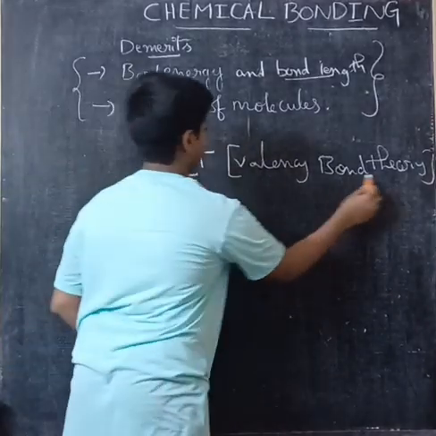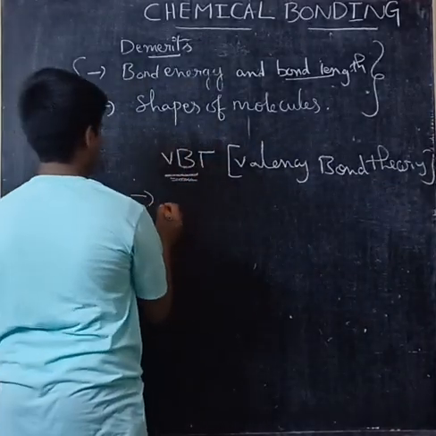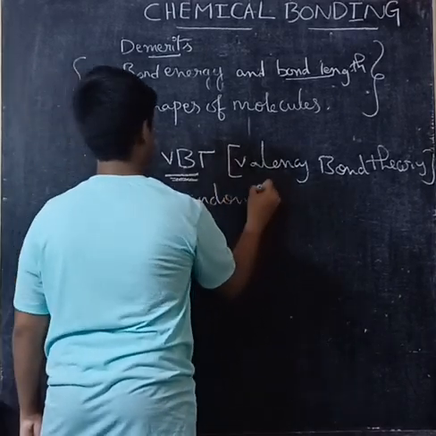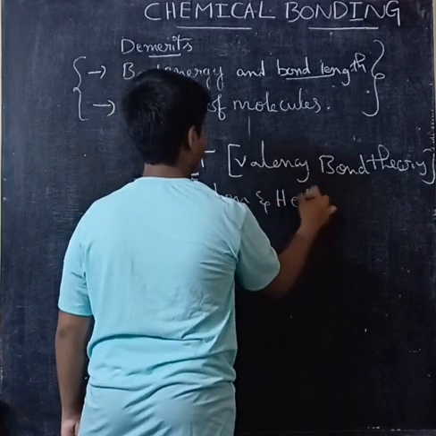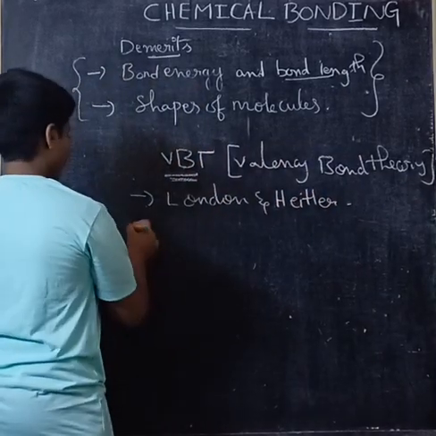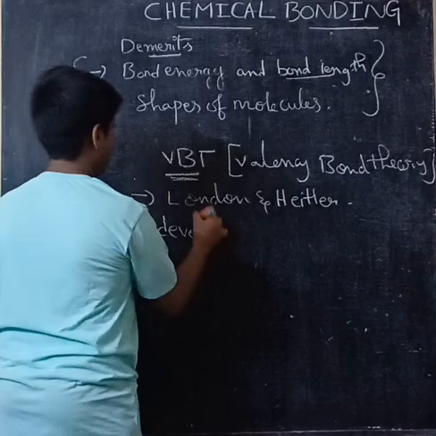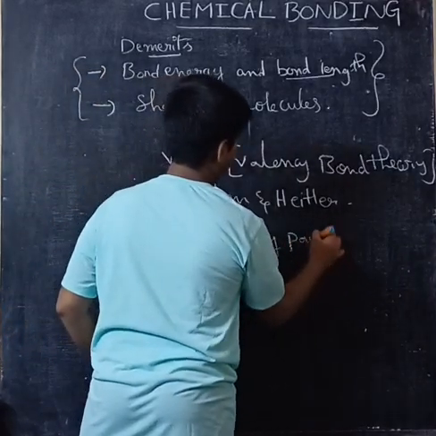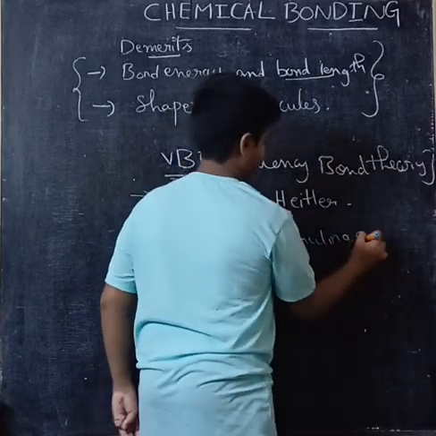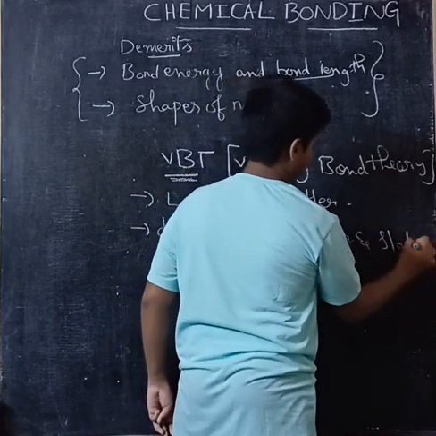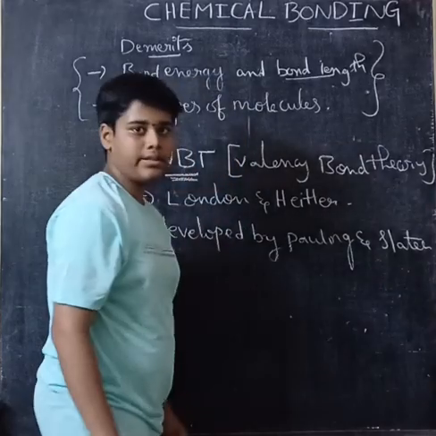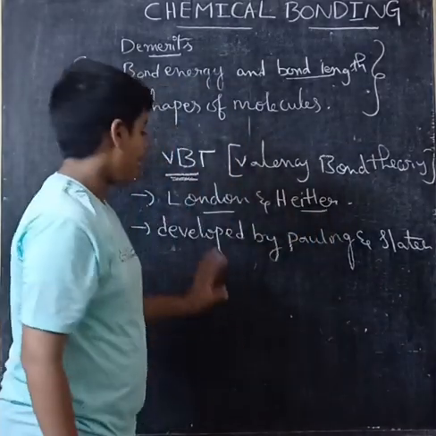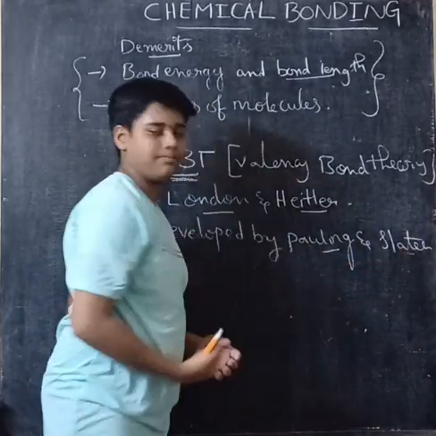This is known as valency bond theory, and it was introduced by London and Heitler, and developed by Pauling and Slater. This VBT, valency bond theory, was proposed by London and Heitler and developed by Pauling and Slater.